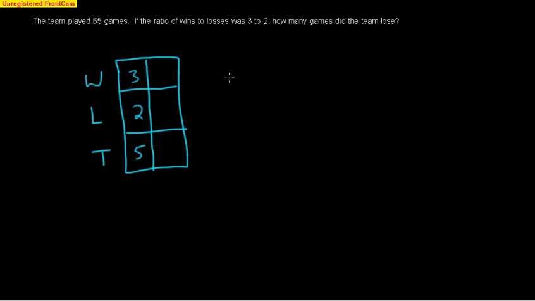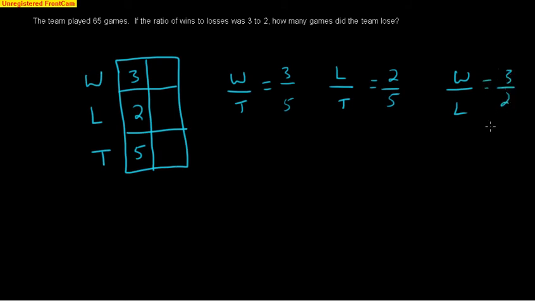So if we wanted to, we could write wins to total games. That would be 3 to 5. Losses to total games would be 2 to 5, and we know wins to losses is what they initially told us, 3 to 2, so an above 500 team.